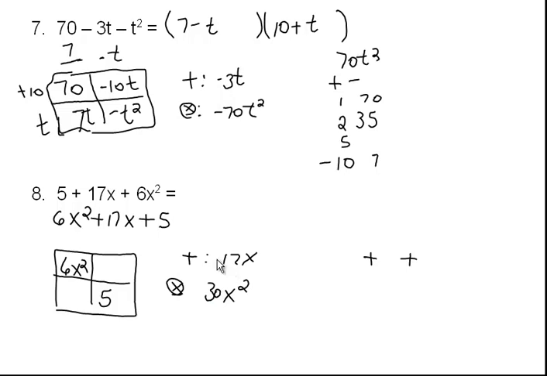So we need factors of 30. The numbers are going to be factors of 30. And so, since they're both positive, we have 1 times 30, and we have 2 times 15, and that will get us to 17. Okay. So we have 2x, and we have 17x.